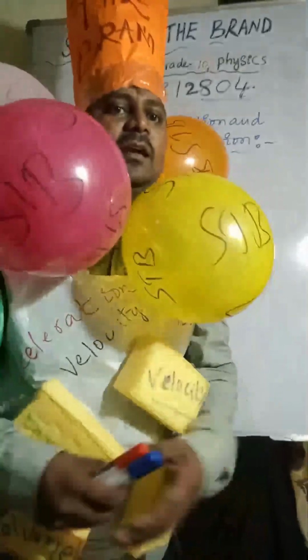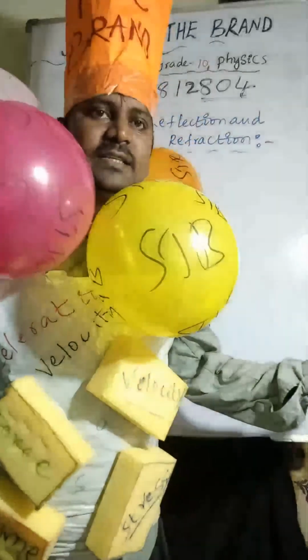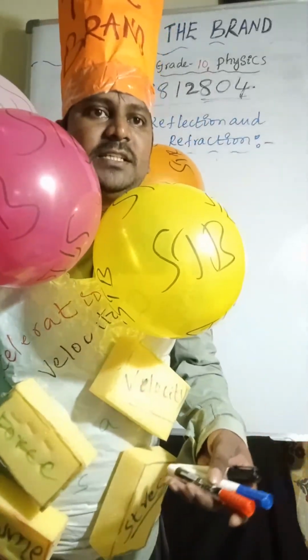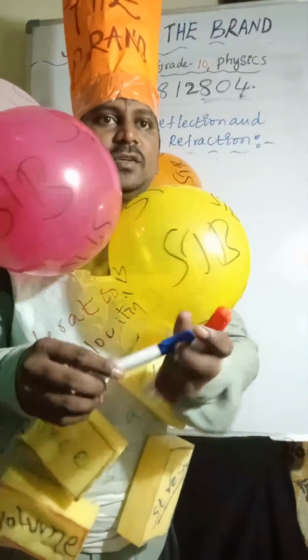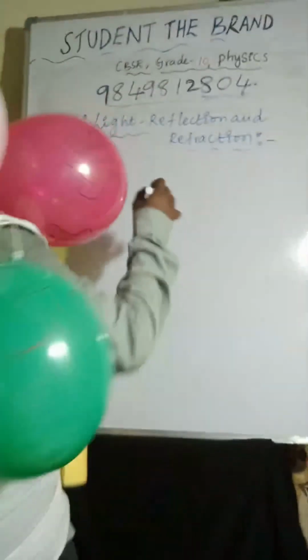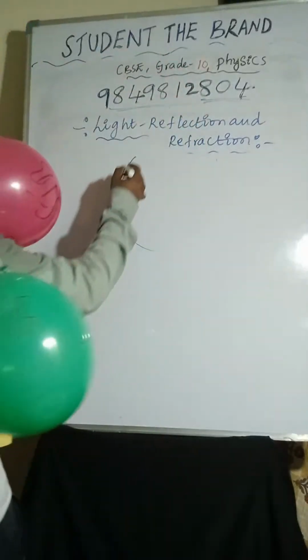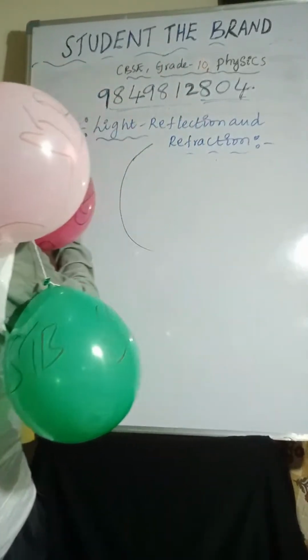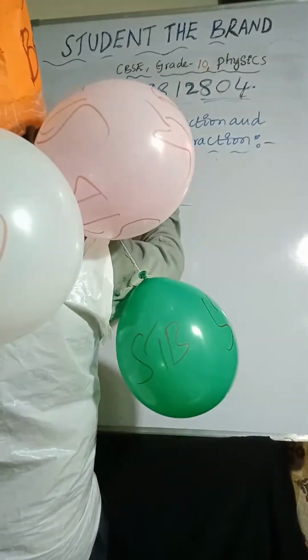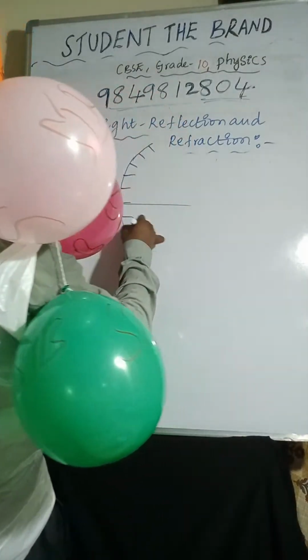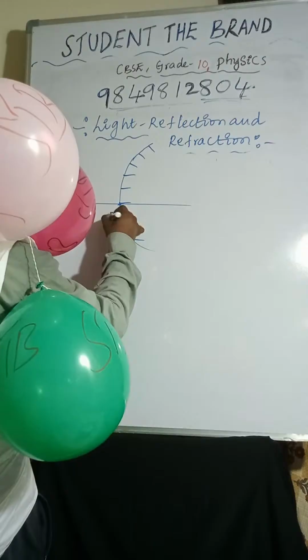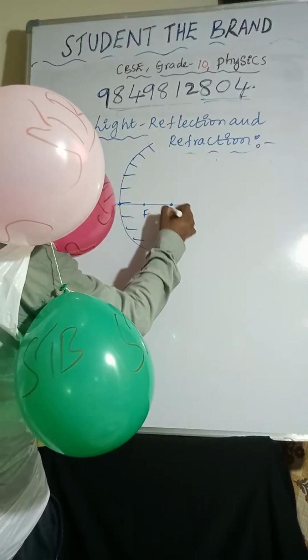In convex mirror image formations only two cases are there. We'll discuss those two. So pole, focus, center of curvature.